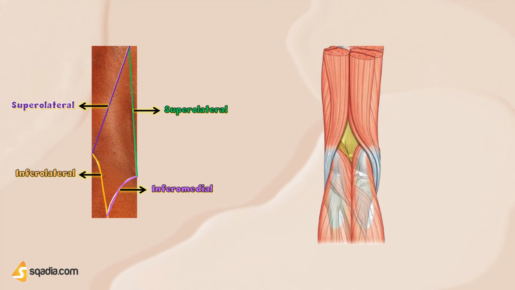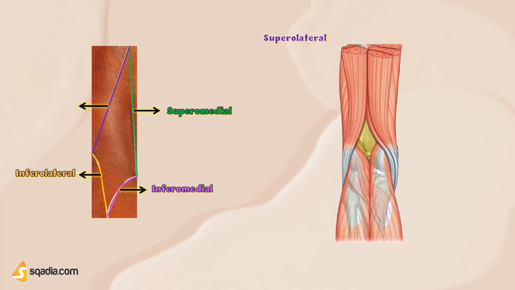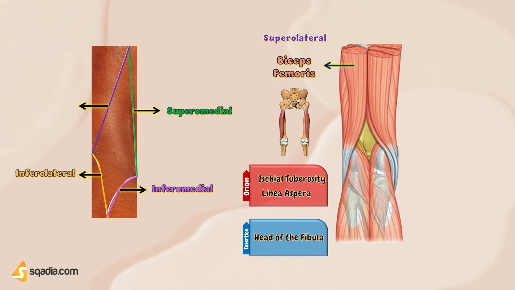At the superolateral aspect, we have the biceps femoris. This muscle is one of the three muscles that make up the hamstrings, a group of muscles that run down the back of the thigh. The biceps femoris originates at the ischial tuberosity and linea aspera. It inserts at the head of the fibula.